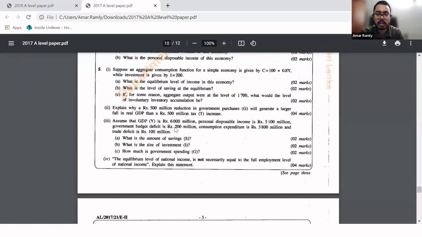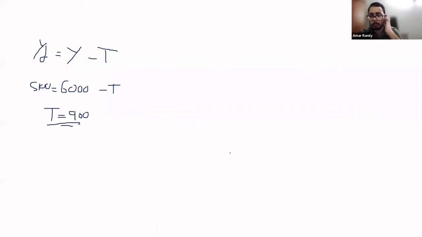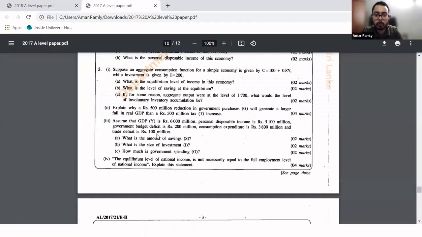Right. What's next? Government budget deficit is rupees 200 million. What's a budget deficit, guys? Basically, the budget is government's income versus the government's expenses. If it's a surplus, income is more than expenses, like a profit. If it's balanced, they are the same. If it's a deficit, then expenses are more than income. So that being said, this is your income, and they're telling you they're at a deficit of 200.